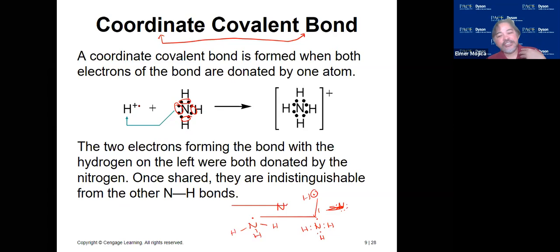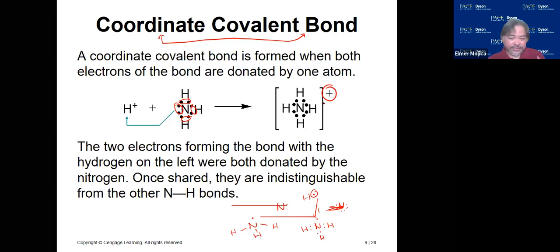It's like an ionic bond, but not really, because it's not a metal and a non-metal. This is the case where a hydrogen is transferred to another atom, and when that happens, you form a charge.